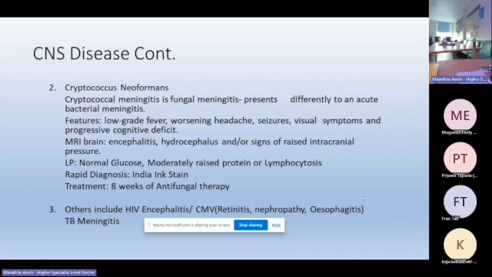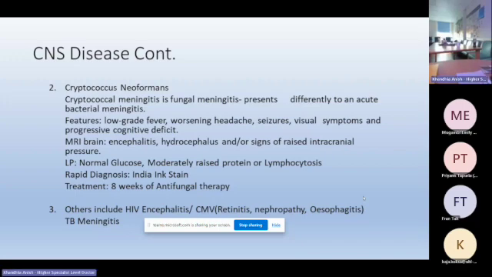Again, the main issue with cryptococcal meningitis is that it causes a massively increased intracranial pressure. The problem with that is you'll see a patient with slightly altered sensorium and cognitive deficit.